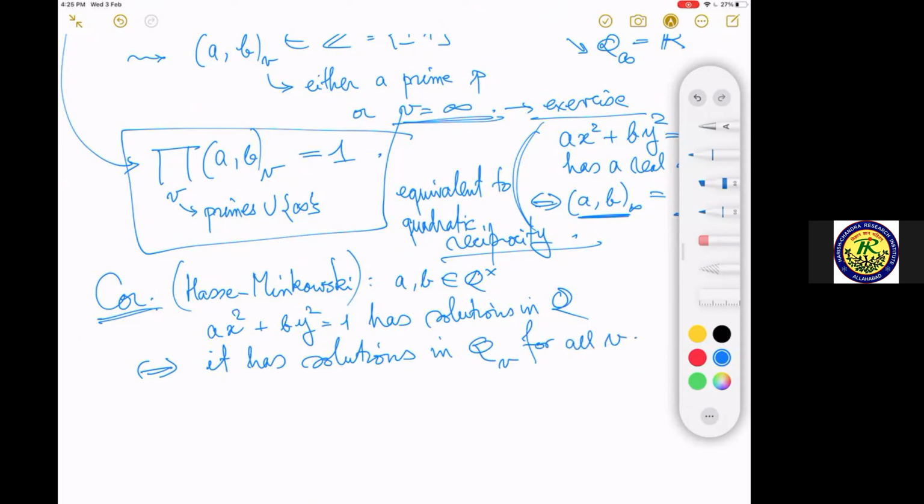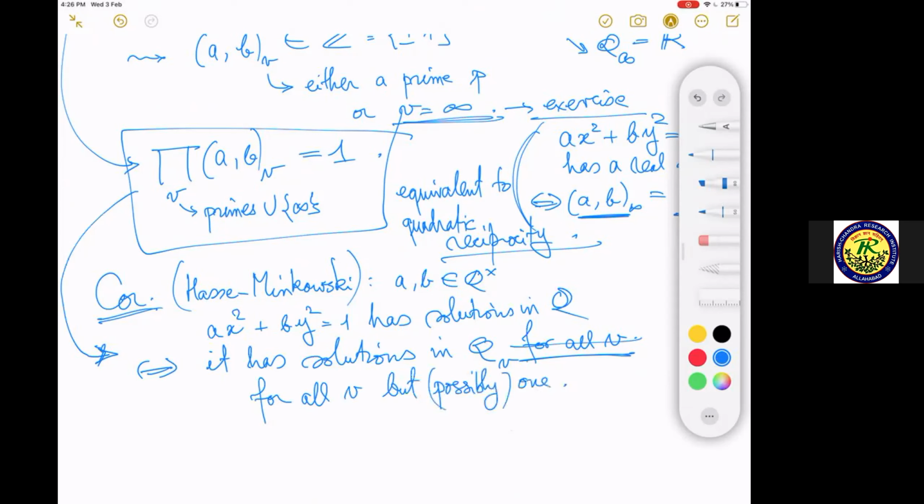This was the original Hasse-Minkowski, but if I now add this to the mix, then I can replace this 'for all v' by 'for all v but possibly one'.